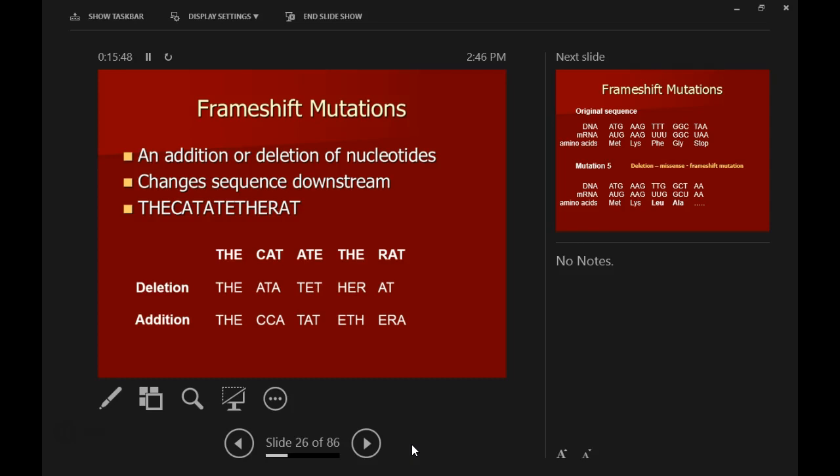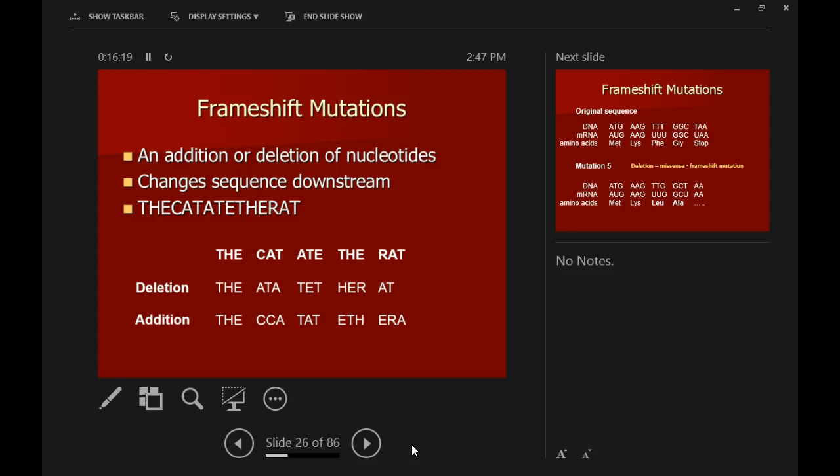Let me give you a little example. When we think about a DNA sequence, we think about it as a three-letter language. Every word is 3 letters. And the interesting thing about this written language is that unlike ours, where we have spaces between our words, in the genetic language, there are no spaces.